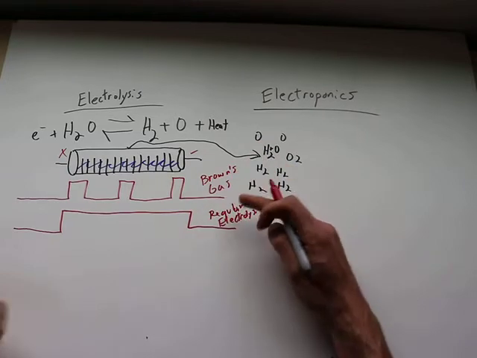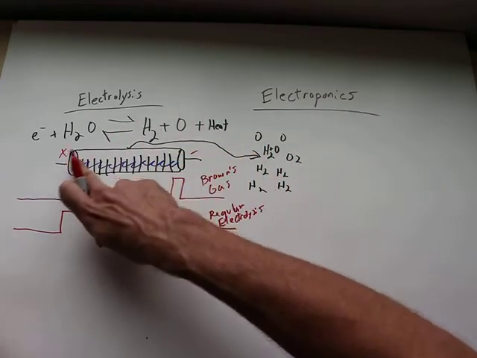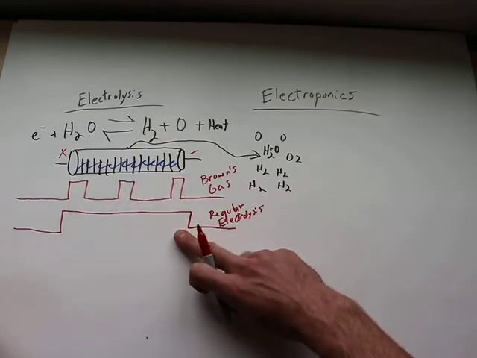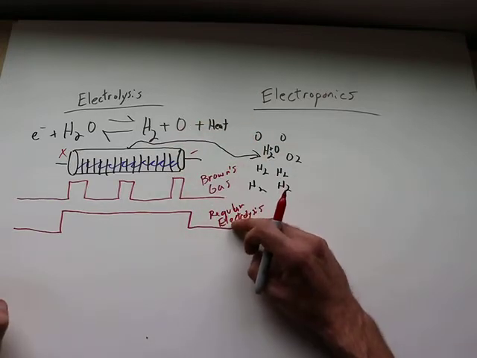Now Brown's gas is still electrolytic gas, it's produced from a pulsed DC current applied across here versus a regular constant DC current or voltage across here, which normal electrolysis uses.